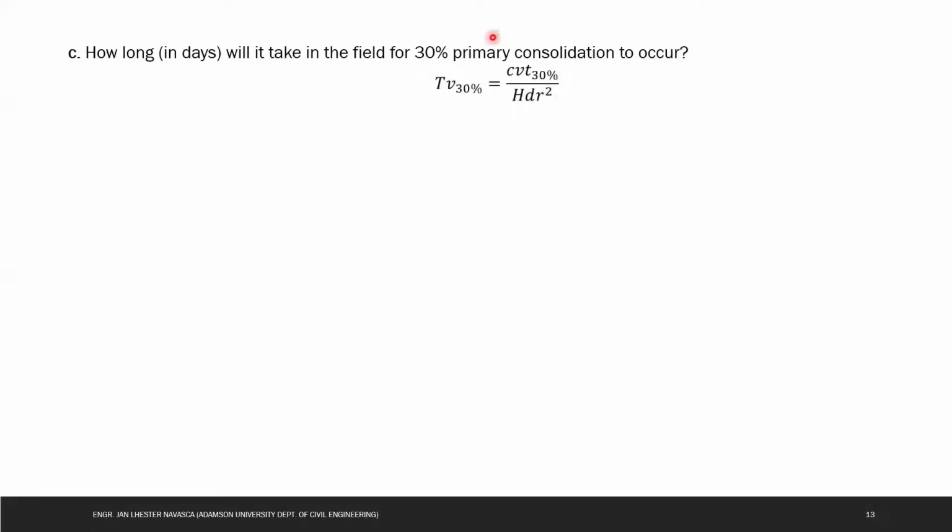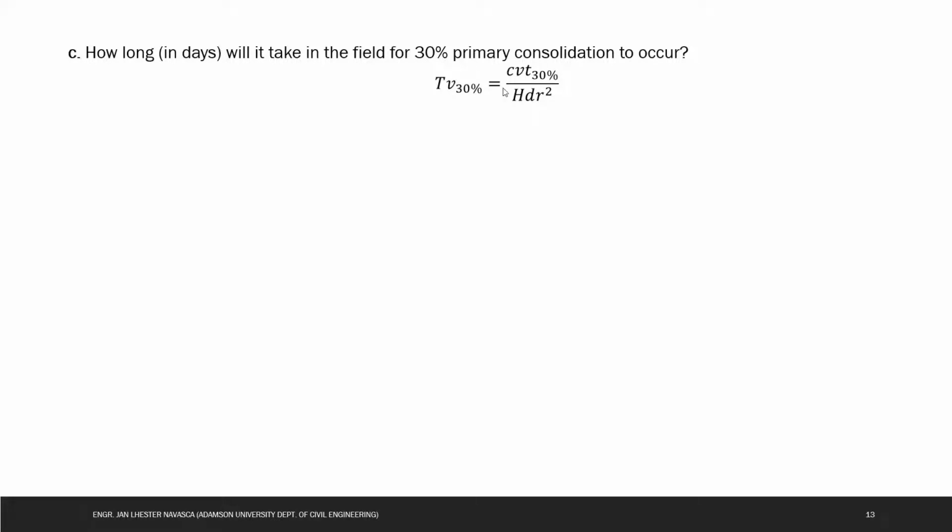So just simply use the same equation to find the time it takes for 30% consolidation.